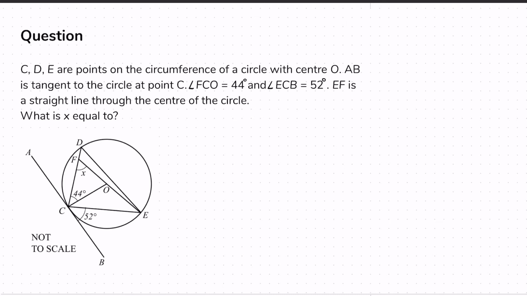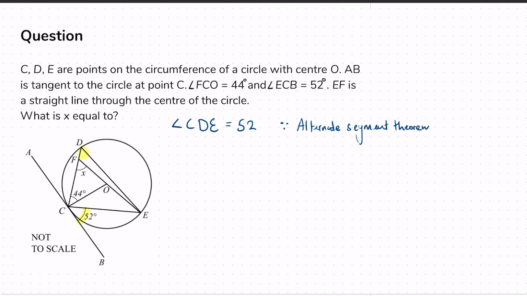Right, we can see down here that I have an angle where a chord meets a tangent, and that tells me what this is going to be. Right, so the angle CDE is equal to 52 because alternate segment theorem.